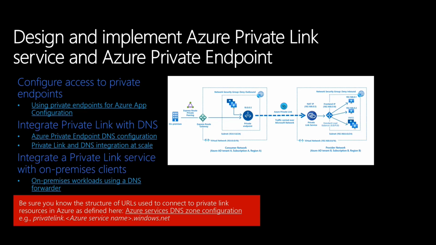So, for example, you might have a link that says privatelink.azurewebsites.windows.net. So you have to make sure that you're using that FQDN rather than the public FQDN to resolve those resources.